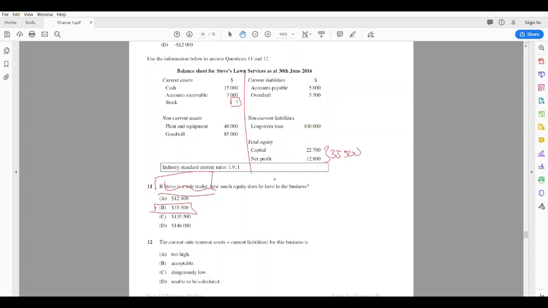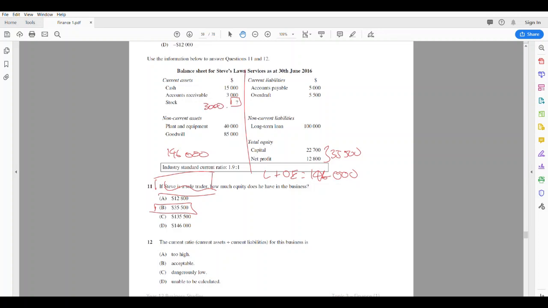Total plus OE equals 146,000. So this has to equal 146,000 as well for the balance sheet to balance. All these together equals 143, so that equals 3,000.